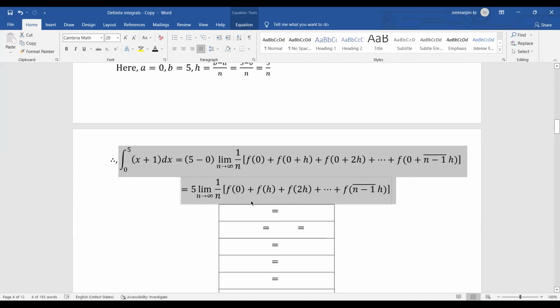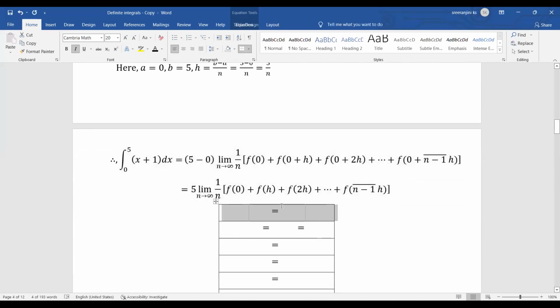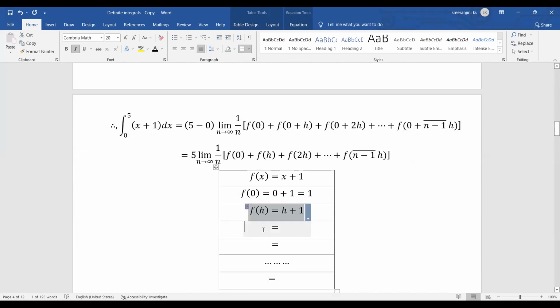Now let's find the terms one by one. F of x is x plus 1. We need f of 0. F of 0 is 0 plus 1, that is 1. Now we need f of h. F of h will be x plus 1, x should be replaced by h, so h plus 1. Now f of 2h, replace x by 2h, it will be 2h plus 1.